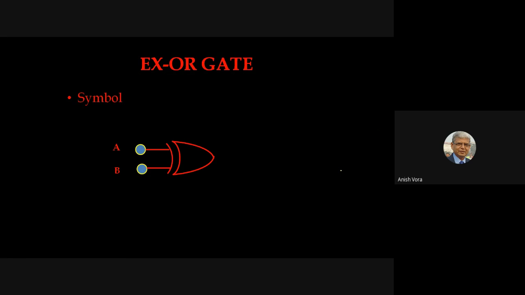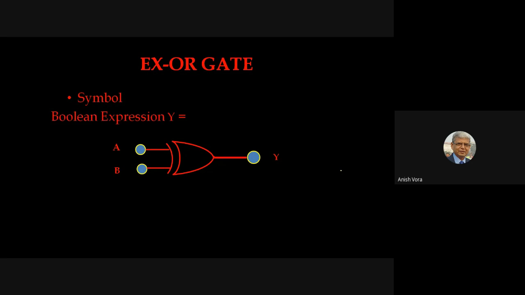So we have two input and we have output Y. So in case of XOR, exclusive OR, for exclusive NOR gate, we have possibility of only two inputs, right? In all other gates, we can have more than two inputs. That is possible in all the gates. But XOR and XNOR gate, we have only two inputs, right? NOT gate અથવા ઇન્વર્ટર એક એવો ગેટ છે કે જેમાં એક જ ઇનપુટ હોય છે, right? So this is symbol for the XOR gate.